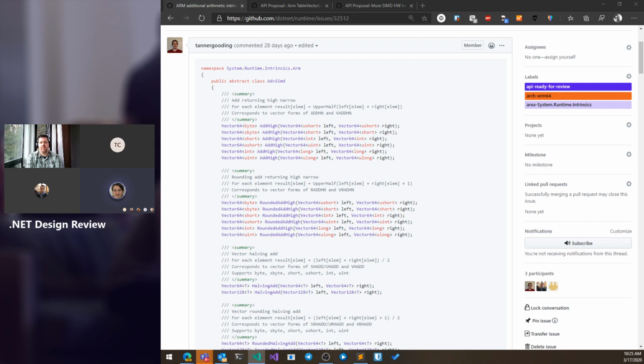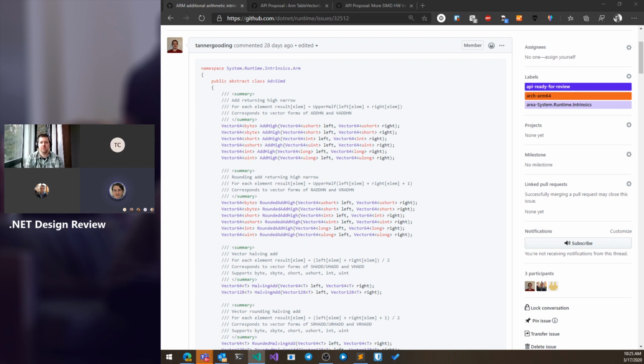That's where you see, for example, add high here and then rounded add high. They're essentially the same instruction, but there's a bit changed in the underlying instruction name. They perform the same operation, only differing in, for example, whether you round the result versus truncate it.